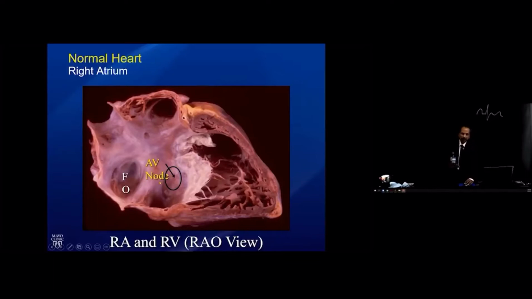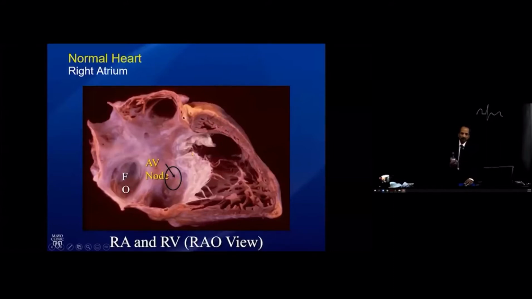As most of you know, this is the most variable site, and we approximate it by drawing a triangle looking at the attachment point of the septal leaflet of the tricuspid valve, the roof of the coronary sinus, and this extension from the eustachian ridge and underneath the tendon of Todaro right up to where the membranous septum would be. So this triangle helps us approximate where the compact AV node is located.